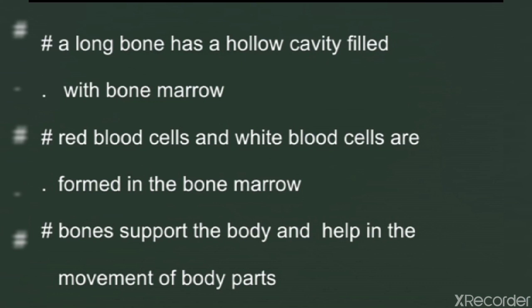A long bone has a hollow cavity which is filled with bone marrow, and red blood cells and white blood cells are formed in the bone marrow only. Clear? So bone marrow is very important for our body. It is an important part of our body. Why? Because in this only red blood cells and white blood cells are produced.